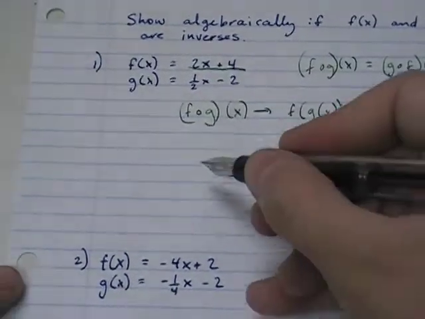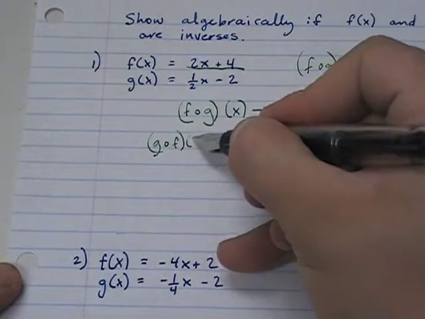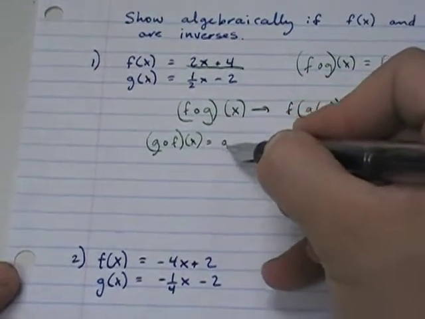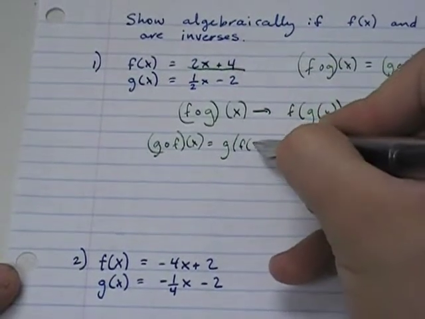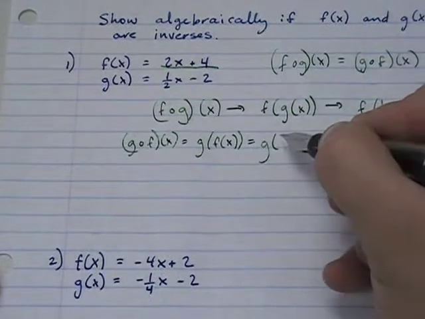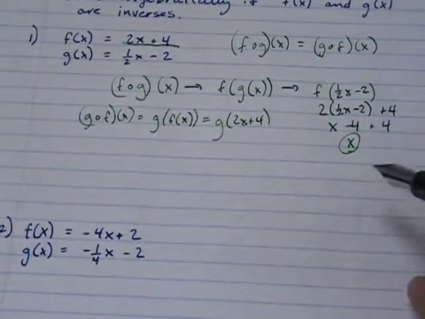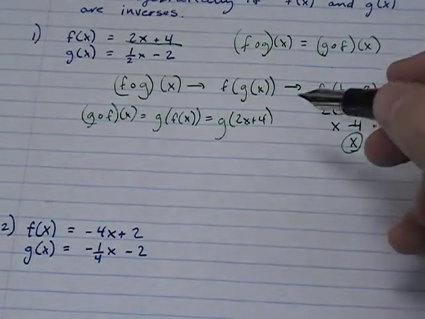Now I have to find g of f of x, which is g of 2x plus 4.